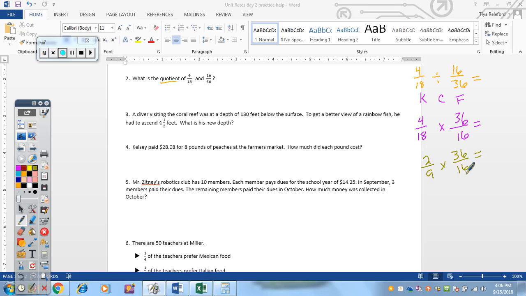Can I simplify 2 and 16? I can. Can I simplify 9 and 36? I can. And then my answer simplifies down into 1/2. Yours may or may not.